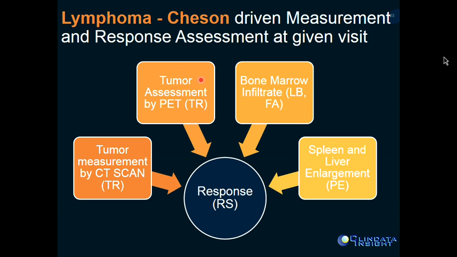The reason that we do PET scan is that a lot of the time lymphoma tumor should be distinguished from virus. So PET scan becomes important to make sure that it is a tumor. We also collect bone marrow infiltrate and spleen and liver enlargement. Then using all 4 pieces of information, clinicians or investigators determine the response for that patient at that visit.